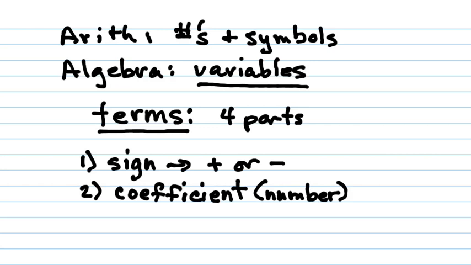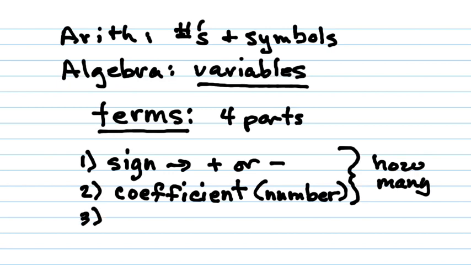And every number is a coefficient. So the coefficient is just simply the number part. And these 2 pieces work together to tell you how many of something you have. Right? But isn't that what numbers do? How many students are there in the class? 12, right? 12 tells you how many students. So that's what those 2 things do.